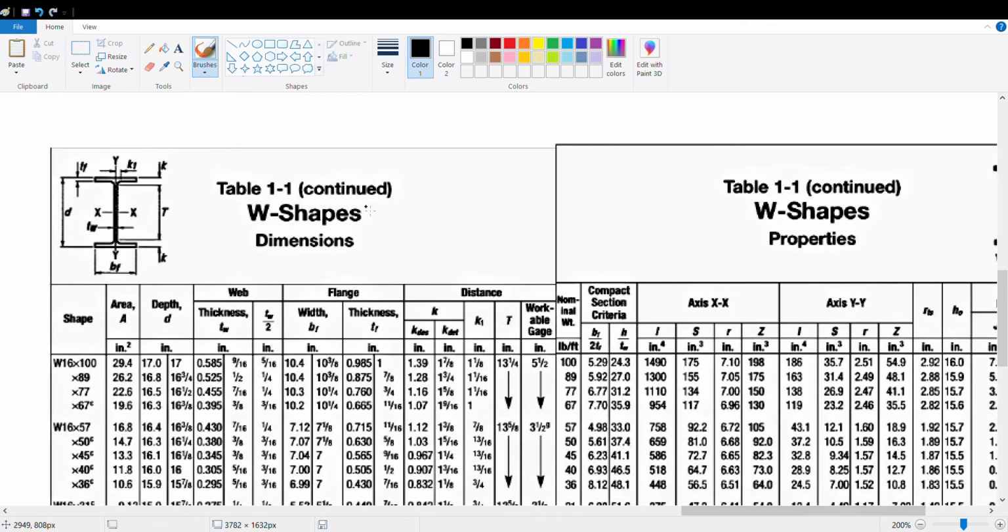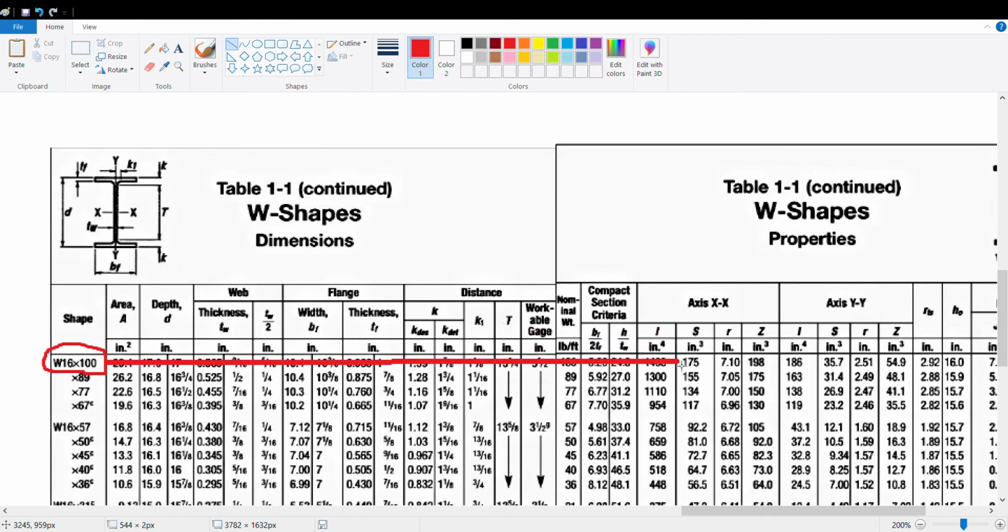So all you have to do is go over here. This is your W16 by 100, and then you just follow the line. So where is your section modulus? It's going to be right here.